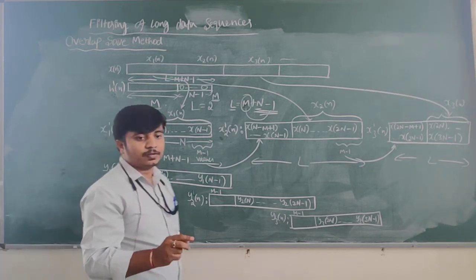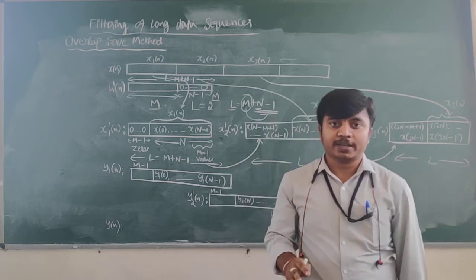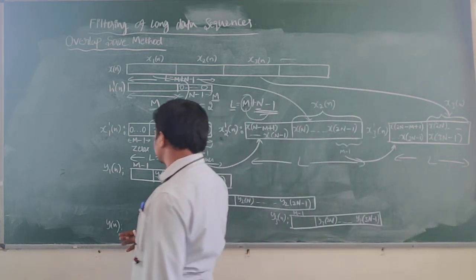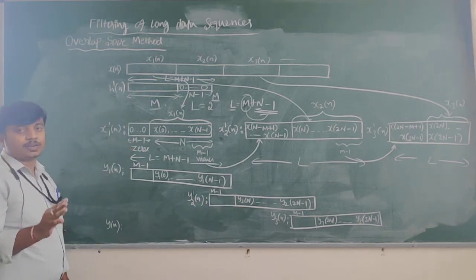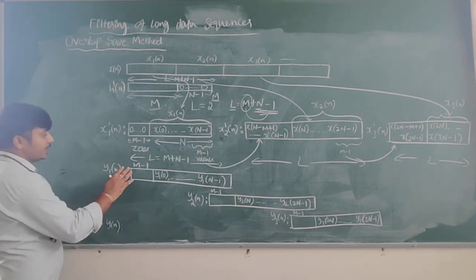In order to find the final output, what do I need to do? I need to discard the first m minus 1 entries in each stage.